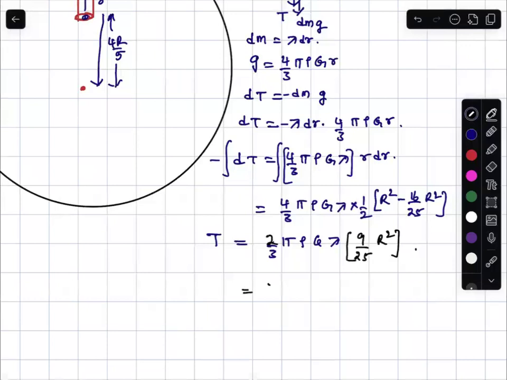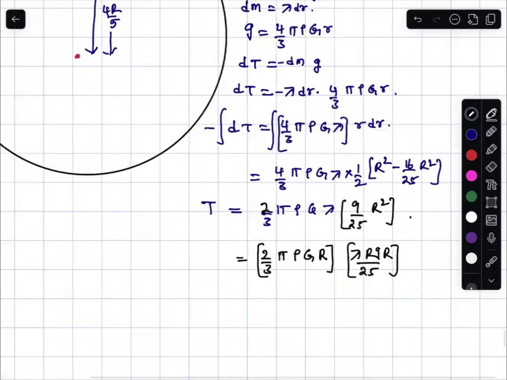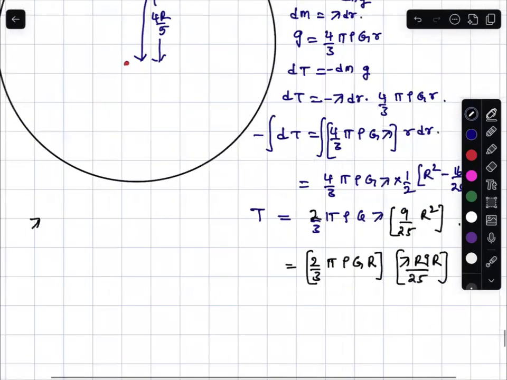So this is nothing but 2 by 3 pi rho g. Okay. R, one r I am taking. Okay. Next, lambda r by 25 times r. 9 is also there. Okay. 9r.